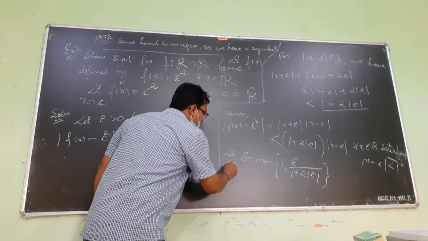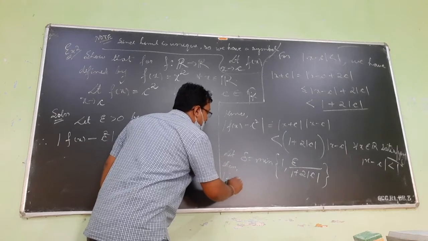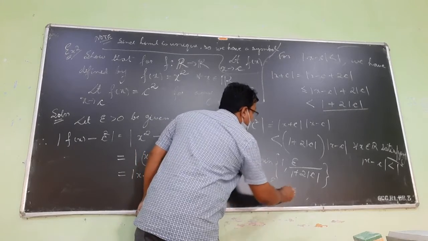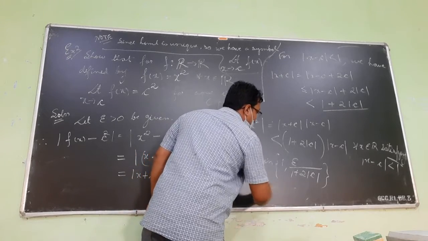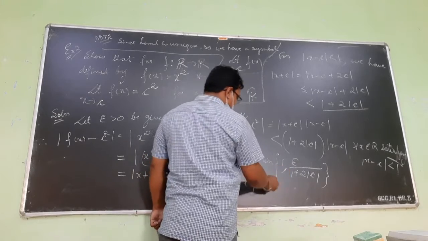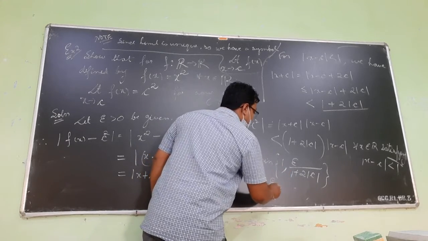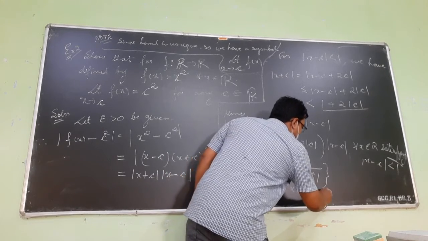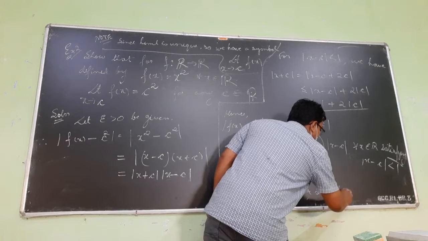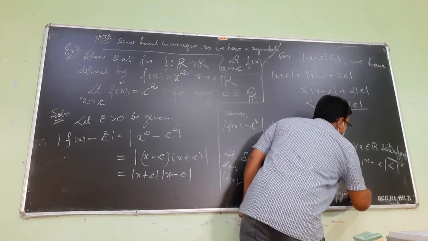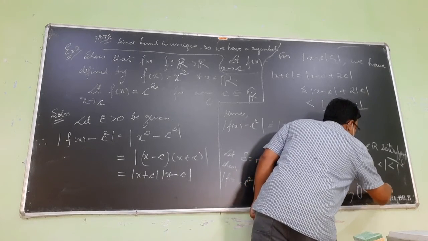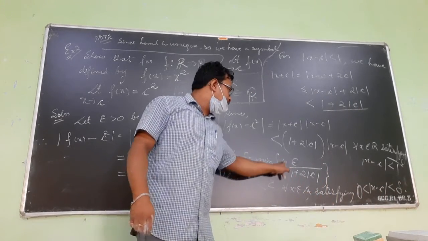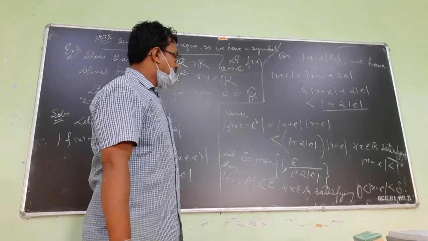Then mod of fx minus c squared is always less than epsilon, for all x in R satisfying 0 less than mod of x minus c less than delta. So our delta is minimum of 1 and epsilon by 1 plus twice mod c.